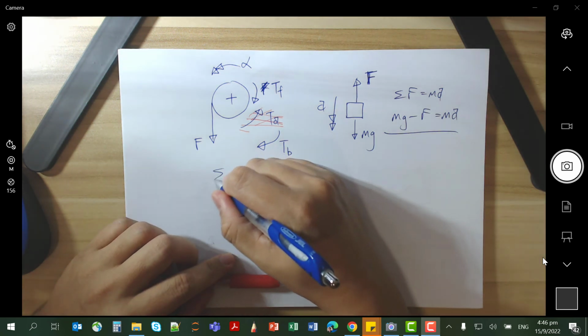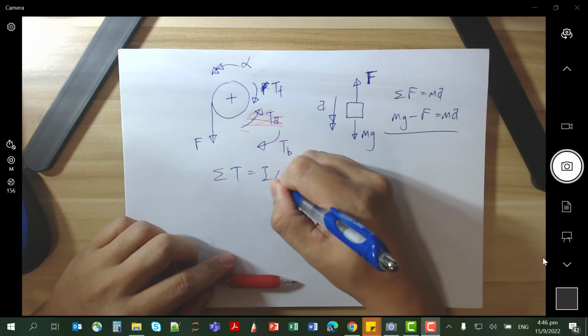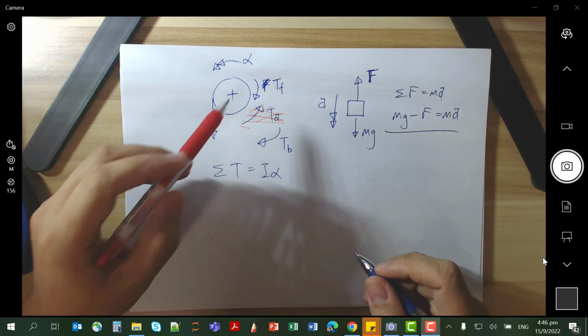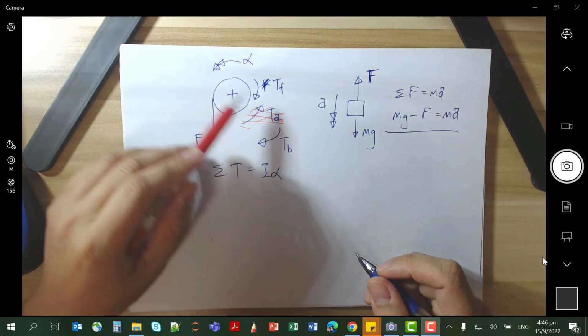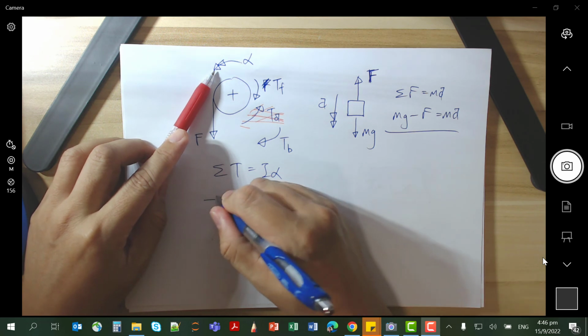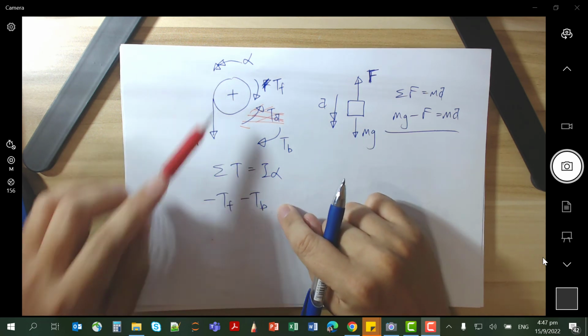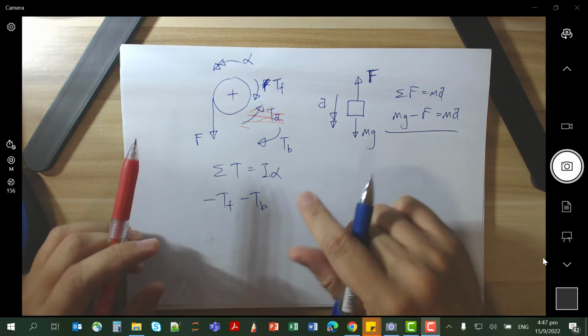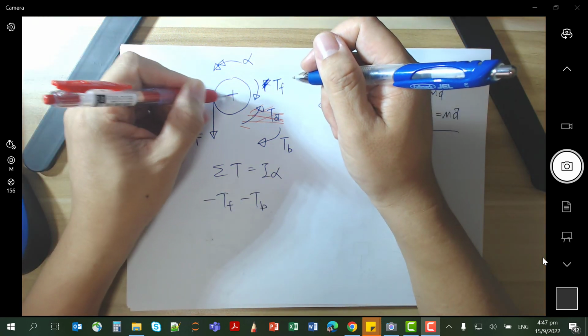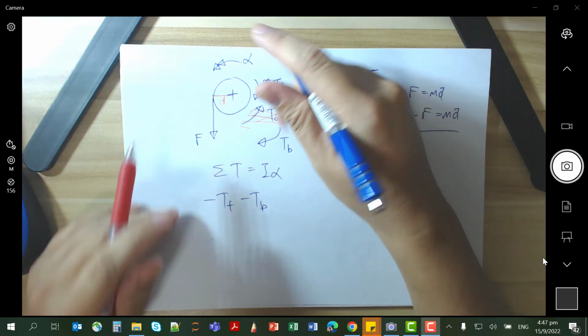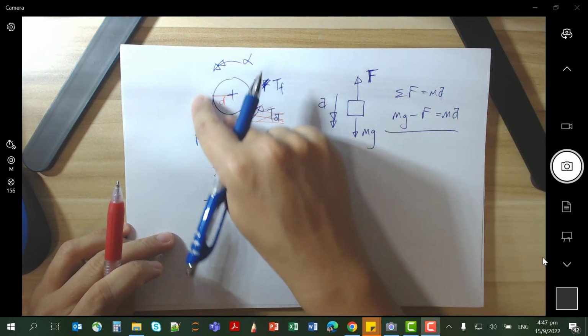Then you do the same thing. Sum of torque equals I alpha. TF and TB will be opposite direction, so both are negative. F times D once again is causing an anti-clockwise moment.